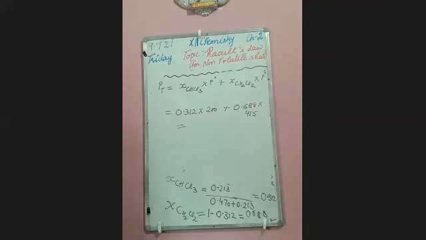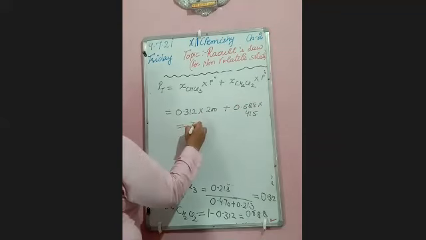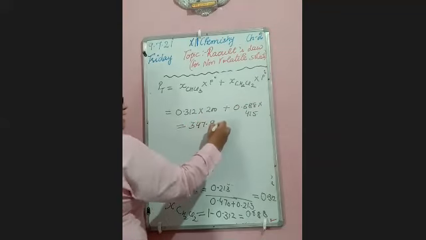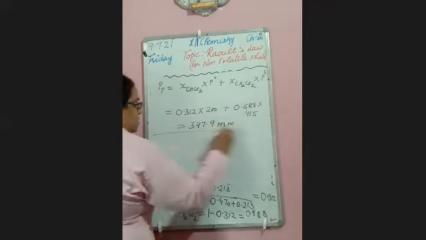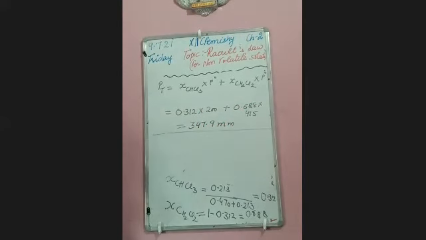Solve it. This will be your total vapor pressure. It comes out to be 347.9 millimeter of Hg. This is your first part.